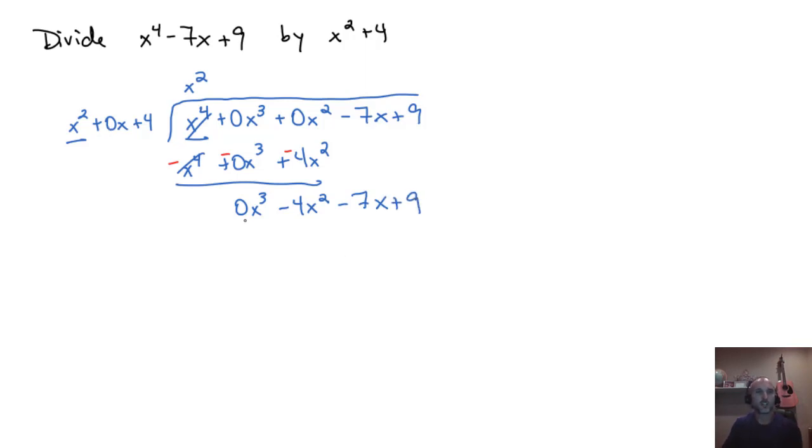X squared goes into the leading term 0x cubed, 0x times. 0x times all of this gives us 0x cubed plus 0x squared plus 0x. And we subtract that, which doesn't do anything except we drop off the first term, and now we get negative 4x squared minus 7x plus 9.